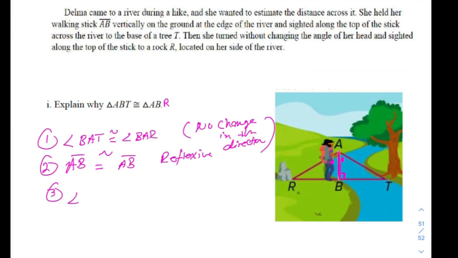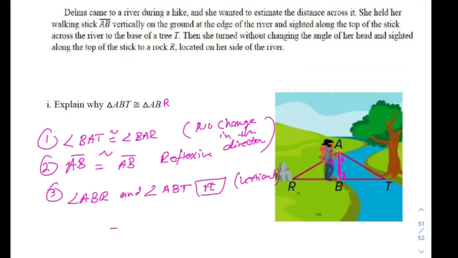Number three, we have angle ABR and angle ABT are right, because he said that it's vertical. That means each one of them is right.